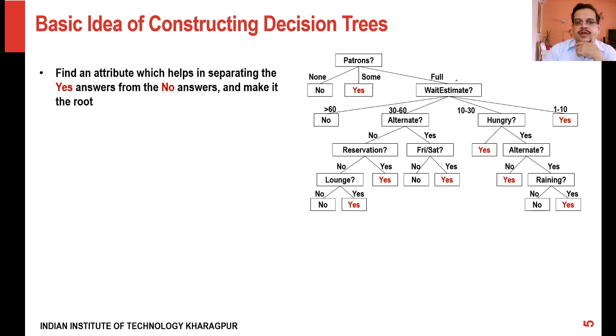So what I am saying here is that in my table I had these rows, and in some of these rows the value of patrons was none, maybe for these.